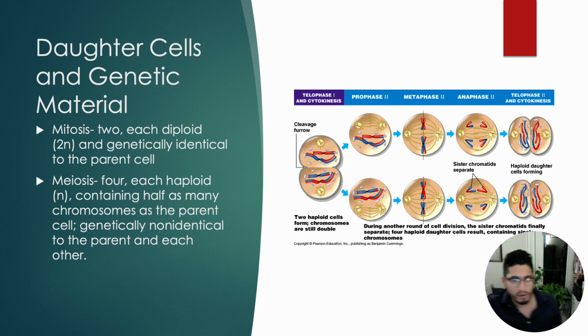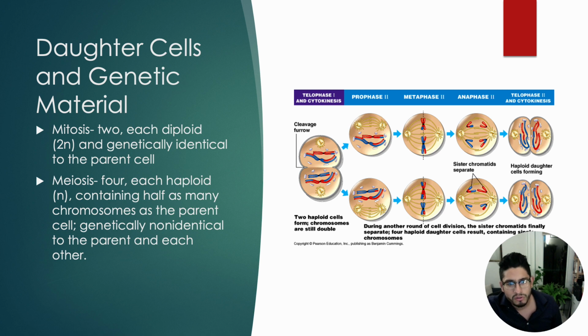So following from meiosis one, we have two new daughter cells that have those chromosomes that have those recombination areas, but we can't stop there. That's too much genetic material, and the whole point of meiosis is to create as much genetic variation as we can.